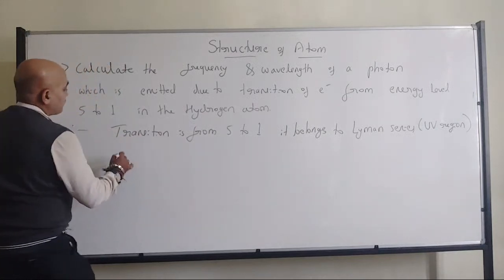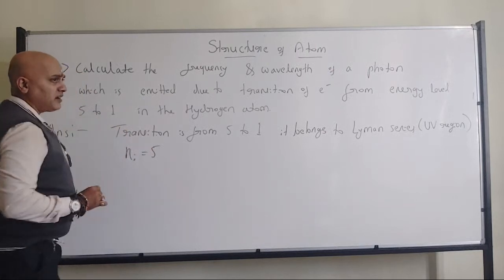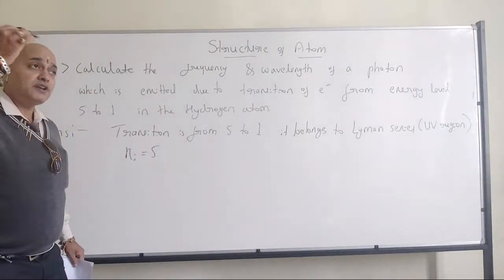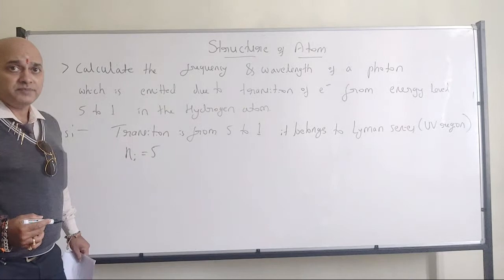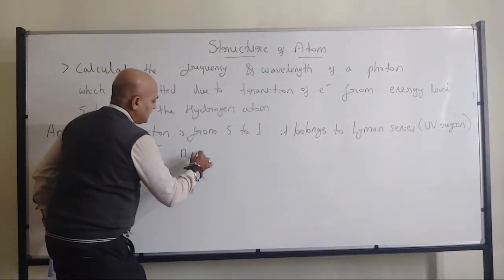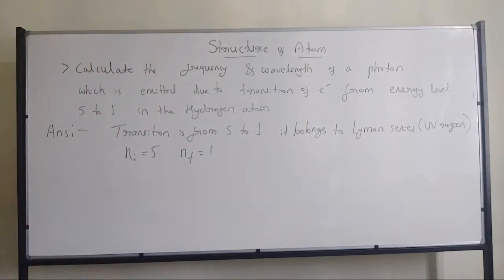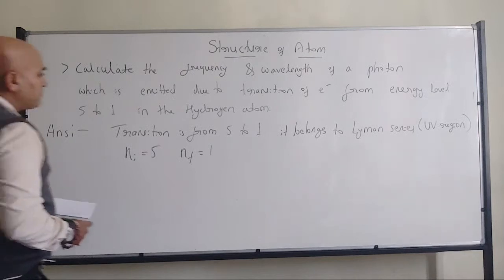Next one. What is Ni here? Ni is 5 because the initial energy level is 5. The electron is moving from 5 to 1. So therefore Ni is equal to 5. Nf is equal to 1. So we will apply the equation.